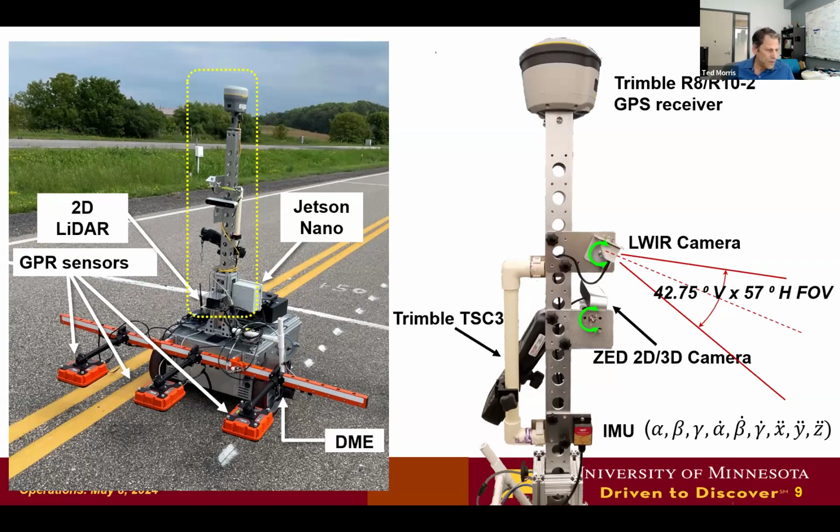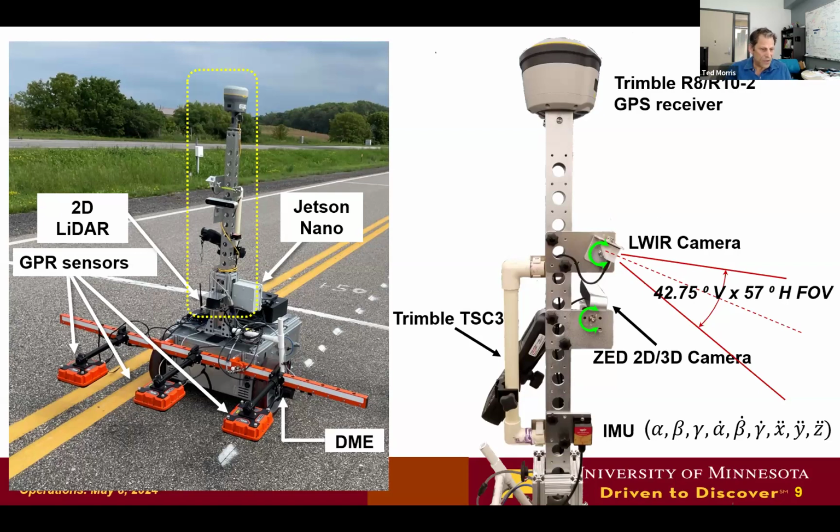There's also a DME, a distance measurement encoder that's placed on the wheel that's used in PAVE scan and other similar systems. Typically, they measure a distance along from a starting station number, that's a starting point, to an ending station number. And in this particular case, they use the signal to regulate the rate of data collection based on estimating a speed or a displacement of the cart. So that was just translated onto this robot.